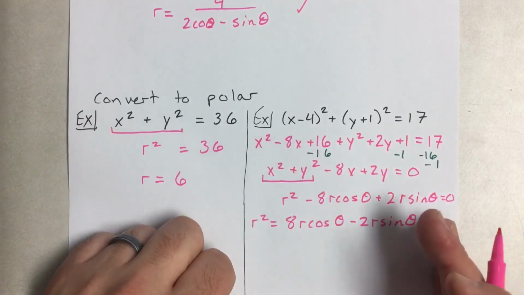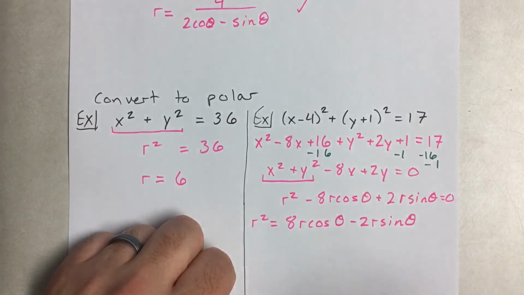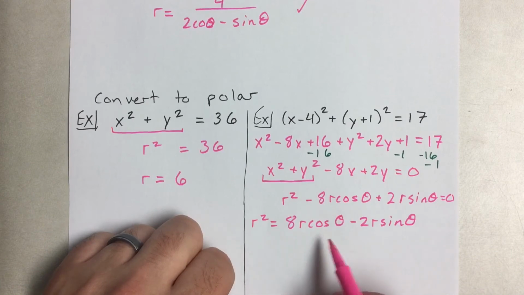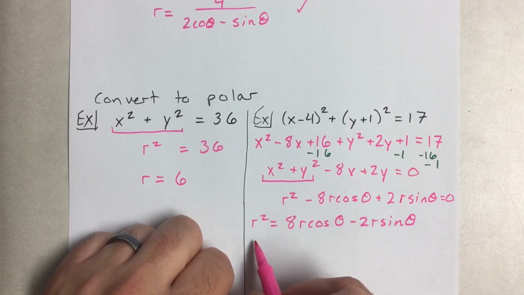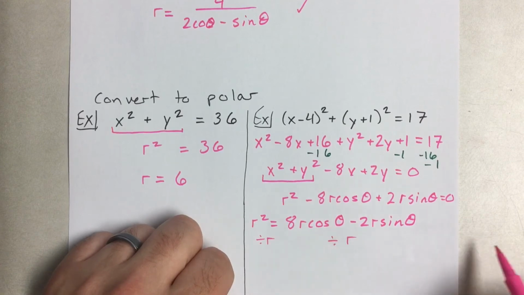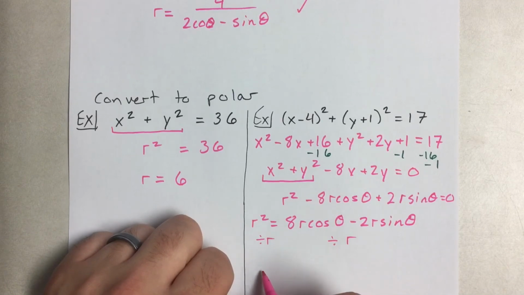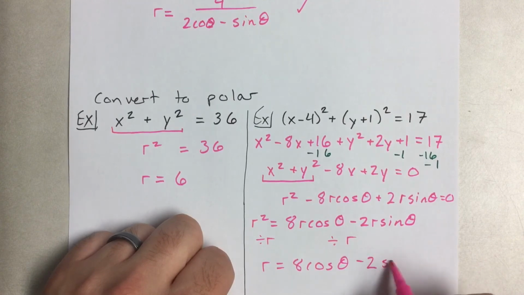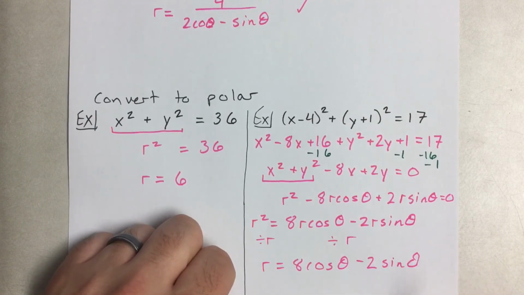So if I took the square root of both sides, I would still have an r on both sides. So what we can do, guys and ladies, is why not just divide by r? Divide everything by r. If I do something to one side, I have to do the other side. So that gives us r equals 8 cosine theta minus 2 sine theta. Hey, there we go, we're done.